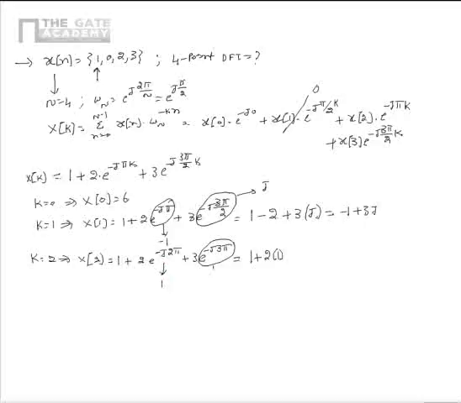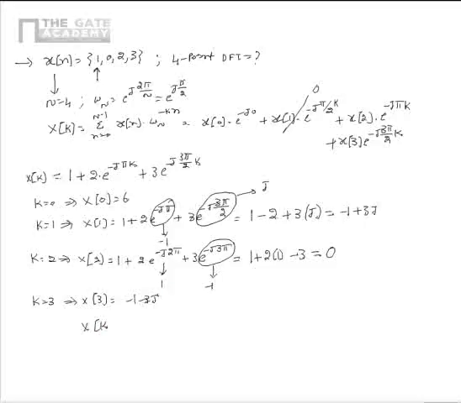Similarly, e power minus j into 3 pi is equal to minus 1. So 3 into e power minus j 3 pi can be written as minus 3. So x of 2 will be equal to 0. Similarly, we can show that for k equal to 3, x of 3 is equal to minus 1 minus 3j.